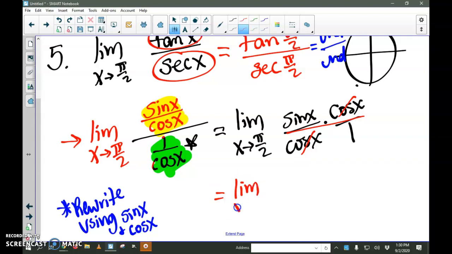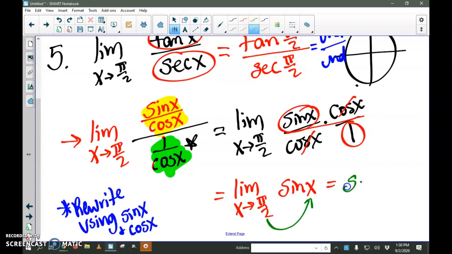I'm not substituting in, so I'm going to rewrite the limit as x approaches pi halves, and all I have left is sine divided by 1, which is just sine of x. So I've taken my complicated expression, tangent divided by secant, and I've simplified this to sine of x. And now I can substitute pi halves into my function, which means I'm going to finally drop that limit.